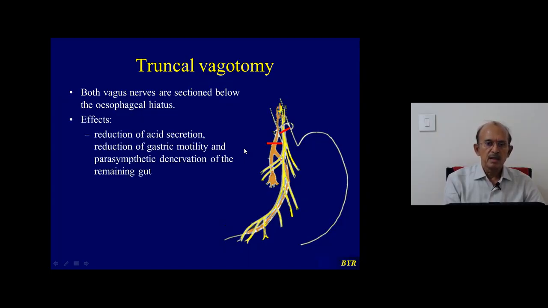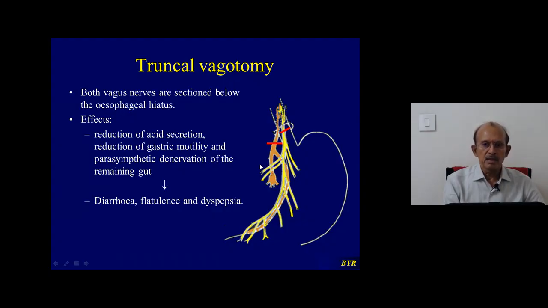Effects: the stomach gets completely denervated from parasympathetic innervation. Not only the stomach, even the rest of the gut loses the parasympathetic innervation, because the branch going to the celiac plexus supplies the small bowel as well as the large bowel.